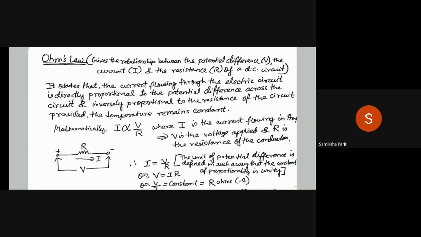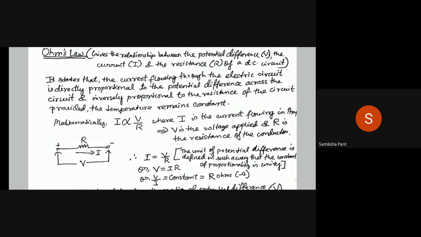Ohm's law states that the current flowing through the electric circuit is directly proportional to the potential difference across the circuit and inversely proportional to the resistance of the circuit, provided the temperature remains constant. This is very important, the last part, the temperature remains constant. If you do not state that, it is incomplete.